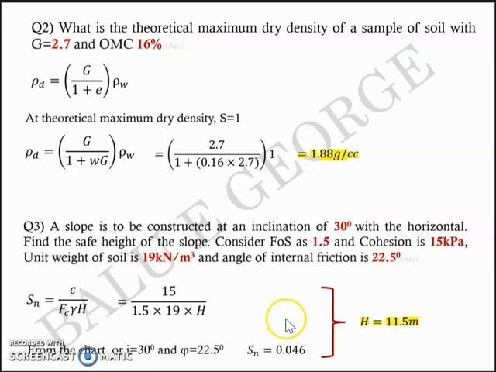So any approximations that you take on the stability number will get reflected in the height that you arrive at, but nonetheless just try to see whether you are getting an answer similar to 11.5 meters.